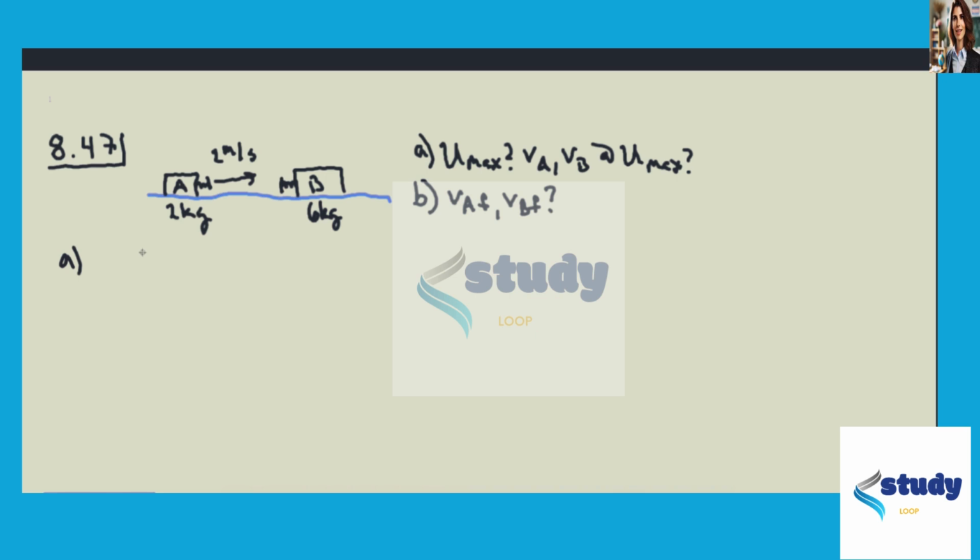So we can use the conservation of momentum, because that's always true, to find what the speed of the two blocks is when they're moving together with the maximum potential energy in the spring. They're going to be moving together at the same speed, because if they had any motion relative to each other at that moment, the spring wouldn't be compressed all the way.